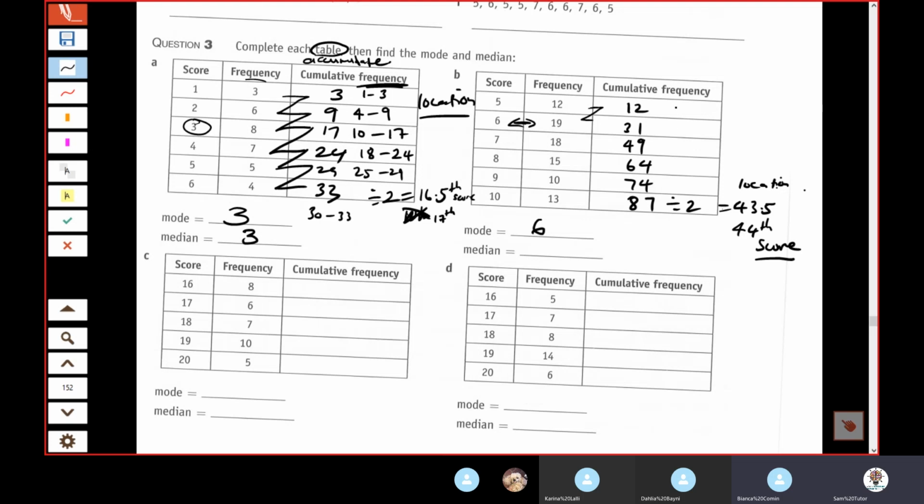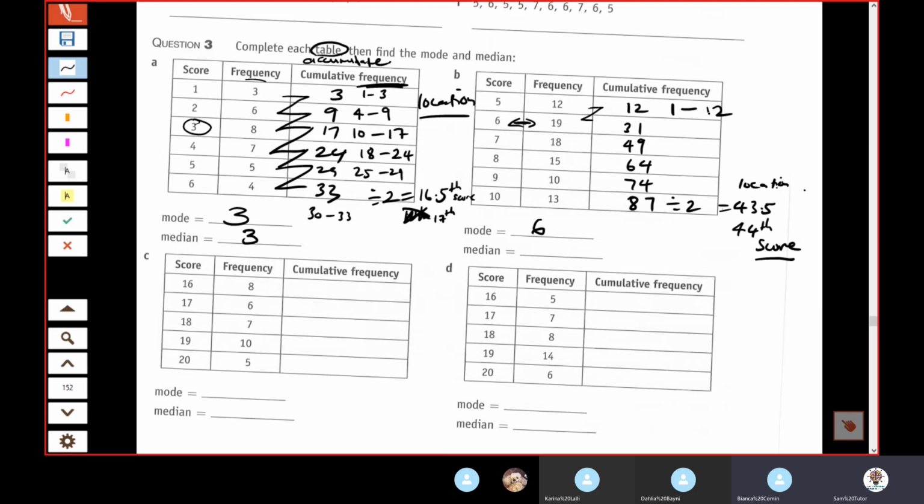Okay, this is how I think about it. I think about it that these numbers here are where these numbers are ending. So 5 is number 1, the first score, till the 12th score, right? So if you had to list this out, it'll be 5, 5, 5, 5, 5, 5, 12 times.